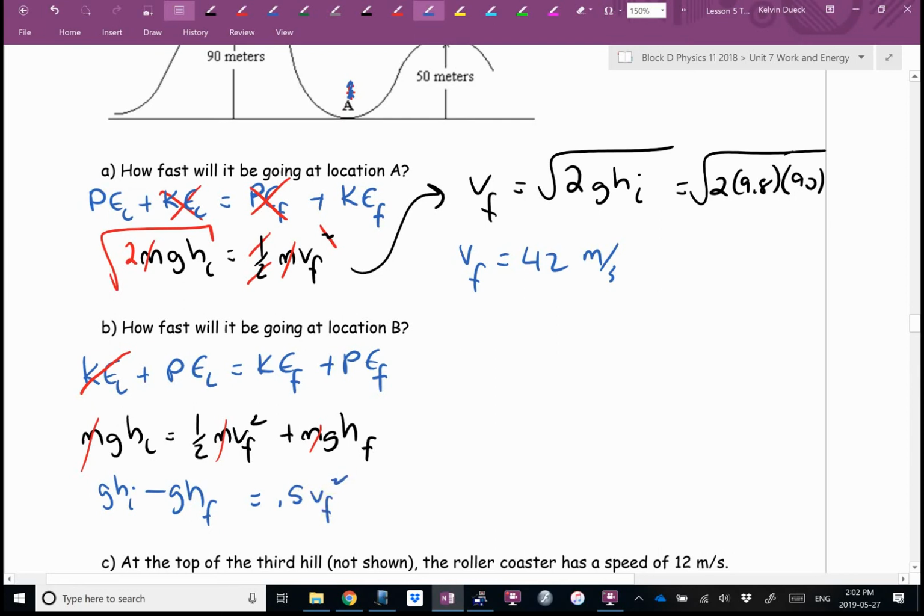Keep going. So you can, if you want to, multiply by 2, or you can divide the whole thing by 0.5. Either one of those does exactly the same thing.